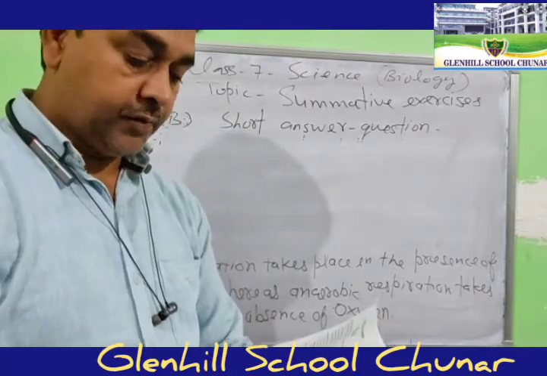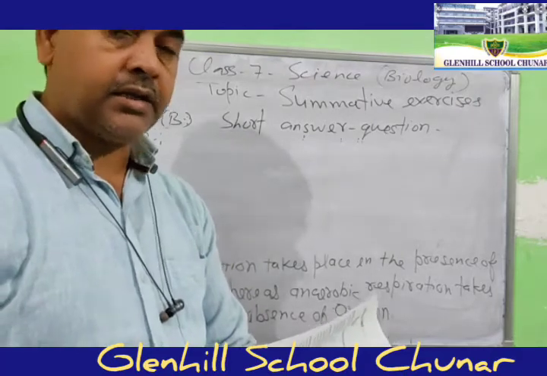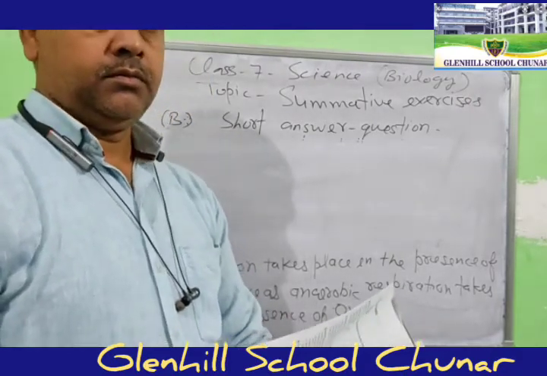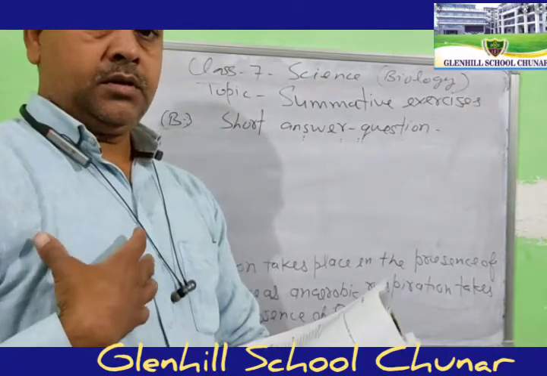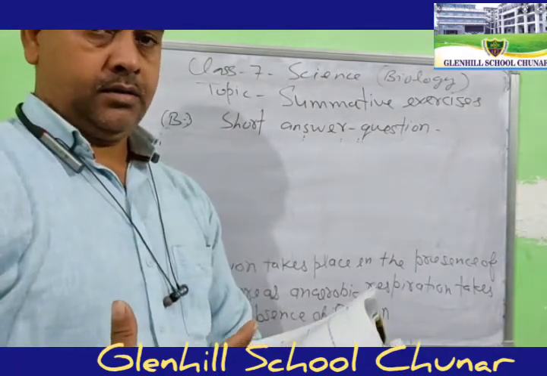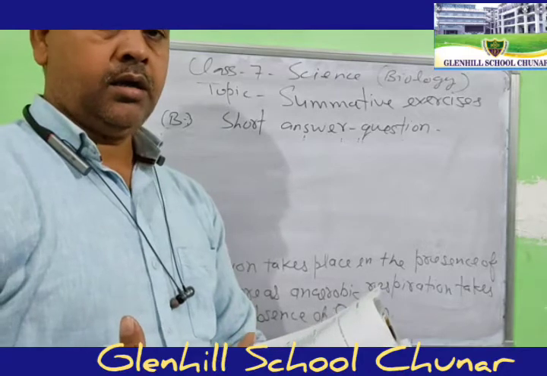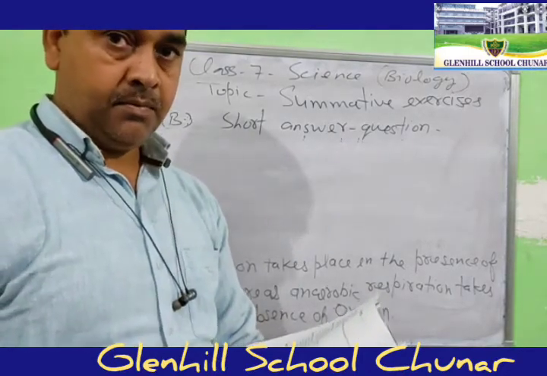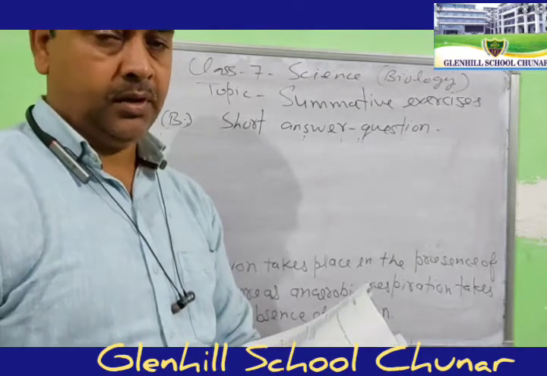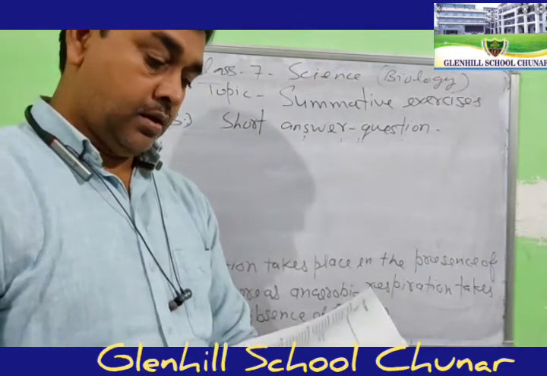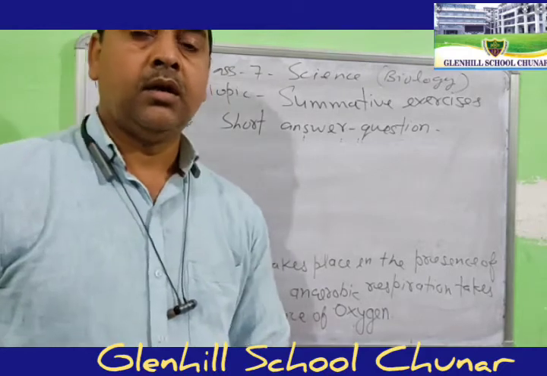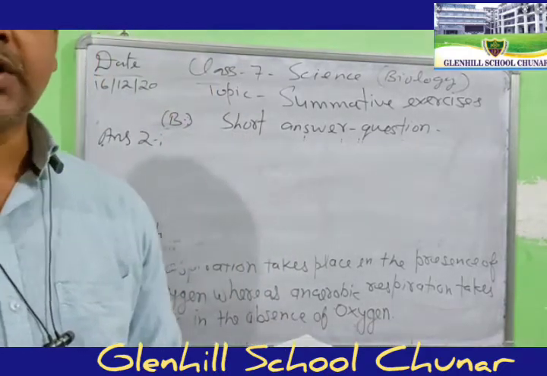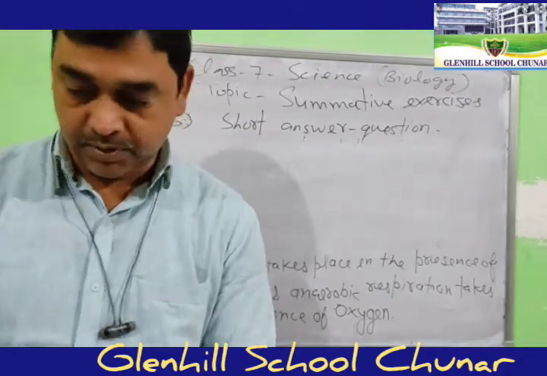Now, students, during inhalation, when you are taking in oxygen, the ribs expand, and the volume of the chest also increases, and the diaphragm goes lower toward the abdomen, and the pressure decreases in the thoracic region. So write down the answer number 2.